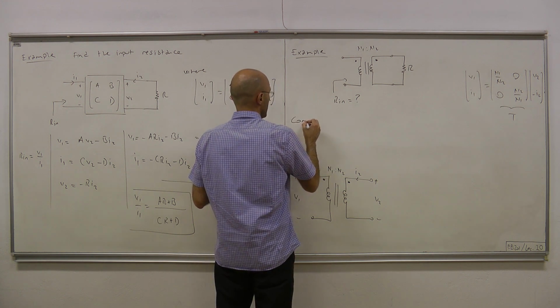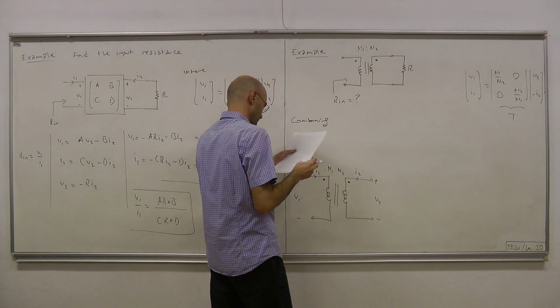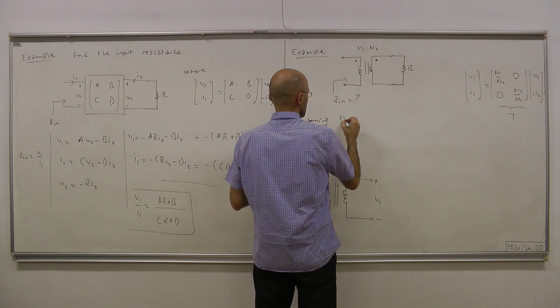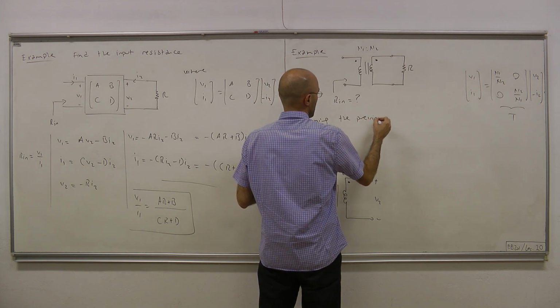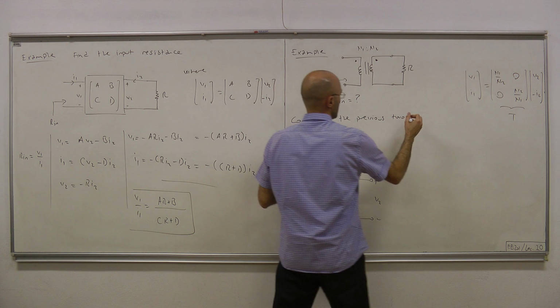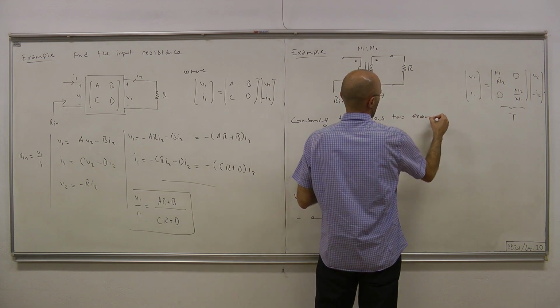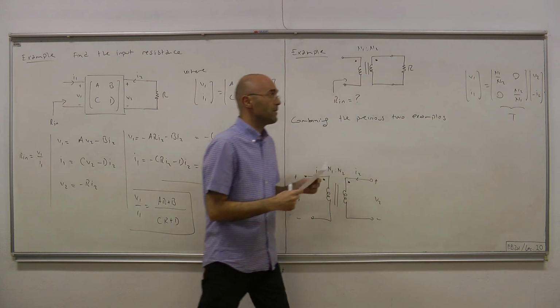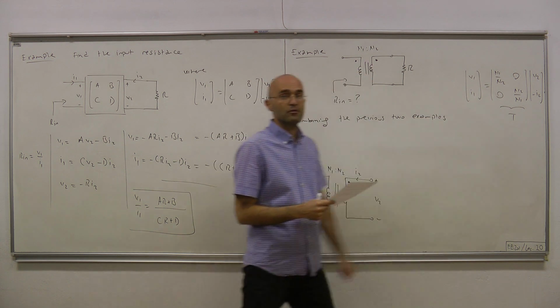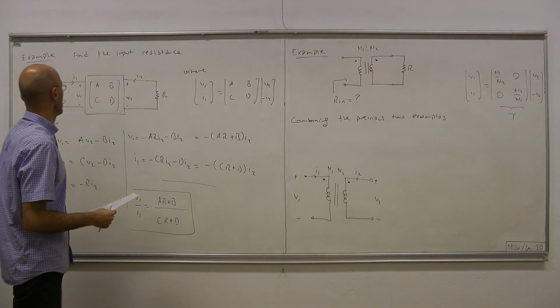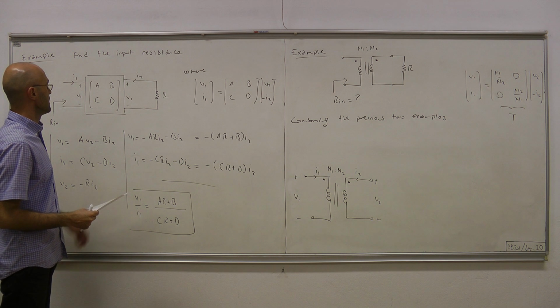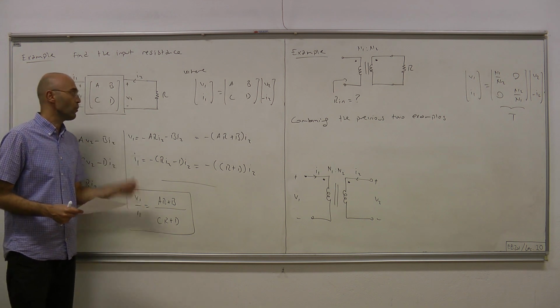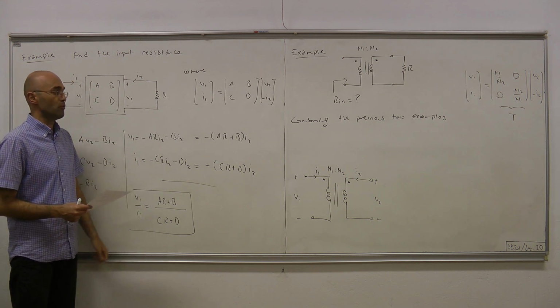So, combining the previous two examples, where the results are still on board. Here we have transmission matrix parameters for the ideal transformer, and here we have the input resistance for such termination.